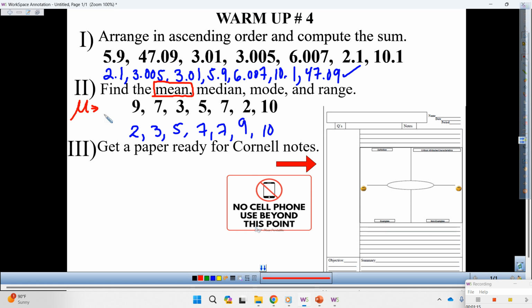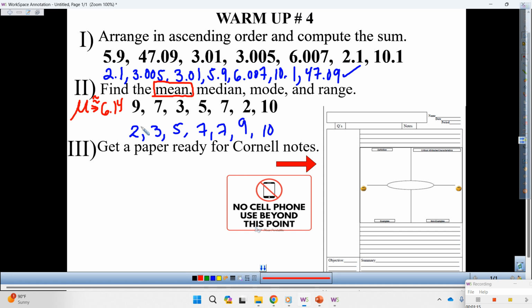Pass someone. 6.7. 6 1/7. Ooh, 6.1. I'll just keep it short and use the wiggles here for approximate.